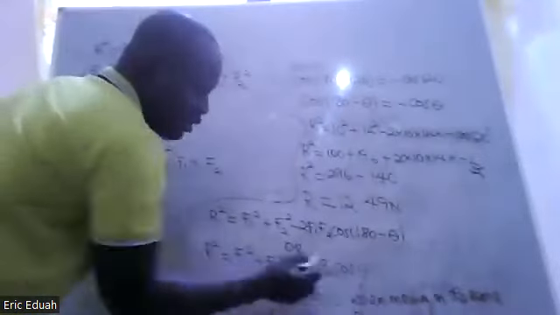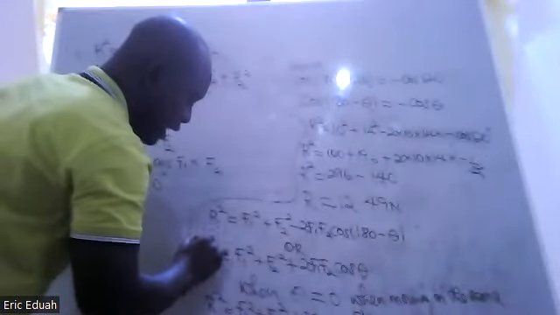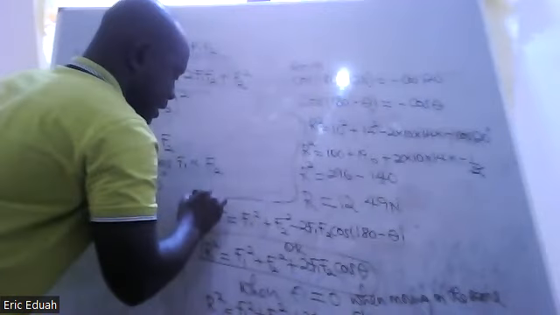Let's put 180 degrees in for this one. Please don't forget this formula is the same as when you are using the 180 minus theta. So both formulas will work. So we have R squared is equal to F1 squared plus F2 squared plus 2F1 F2 cos 180 degrees. Theta is 180.